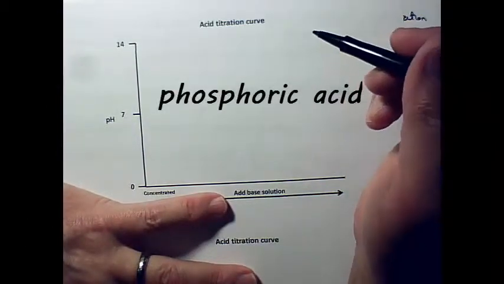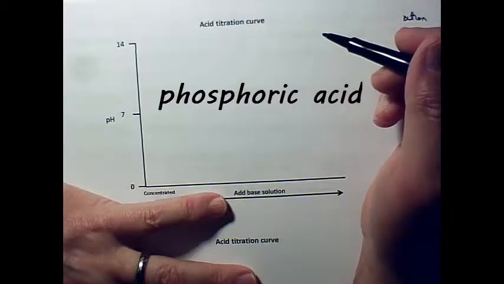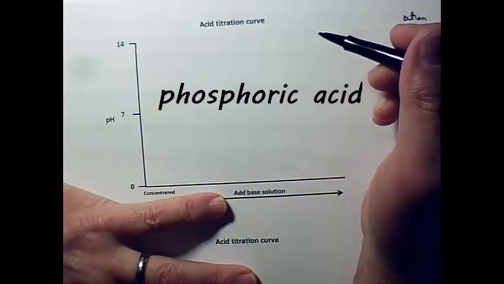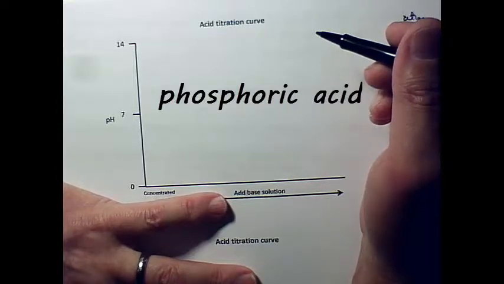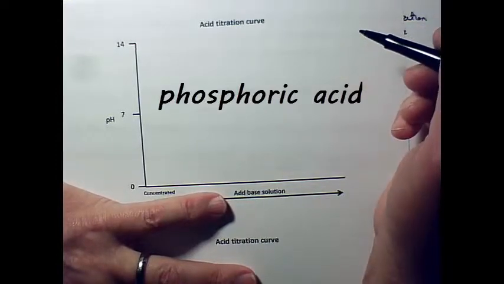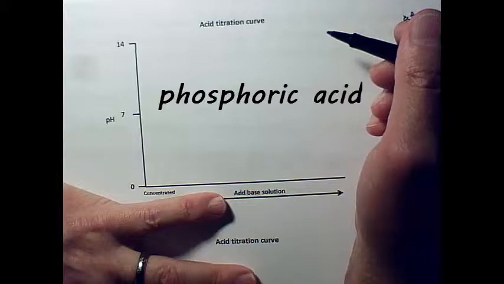There's no hydro prefix, so this is probably going to be an oxyacid. An oxyacid is an acid that has a polyatomic ion that contains oxygen. Ic comes from the ate suffix, okay?